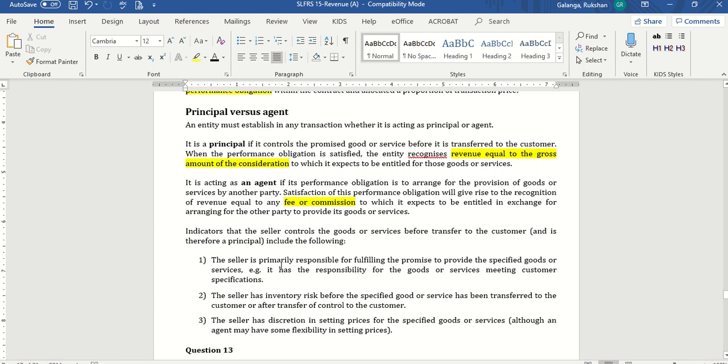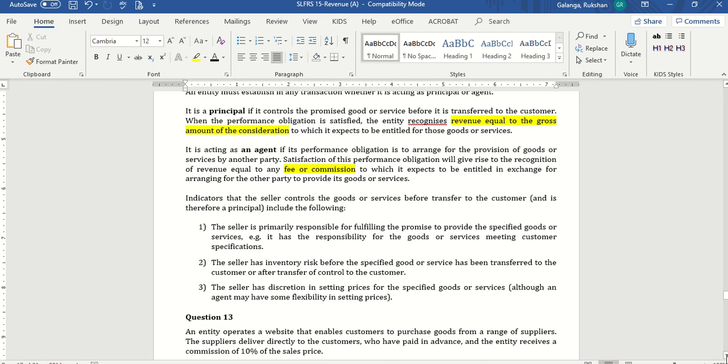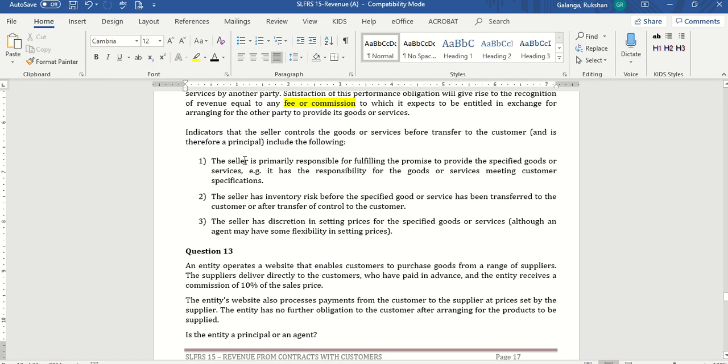These are the indicators by which you can easily identify whether this is a principal or an agent. This is a principal because the principal has these characteristics, right? The seller is primarily responsible for fulfilling the promise to provide the specific goods or services, right?